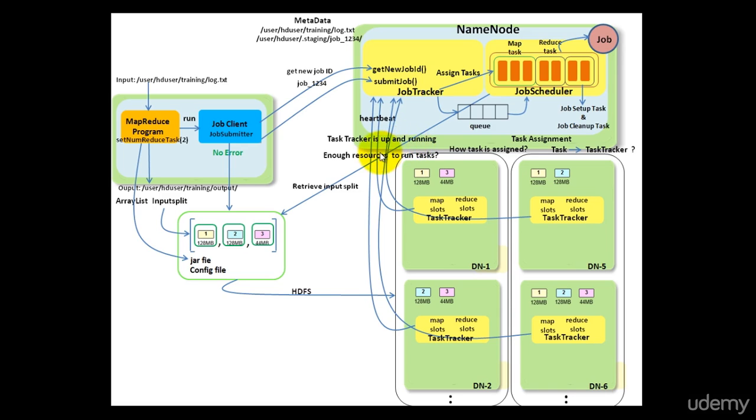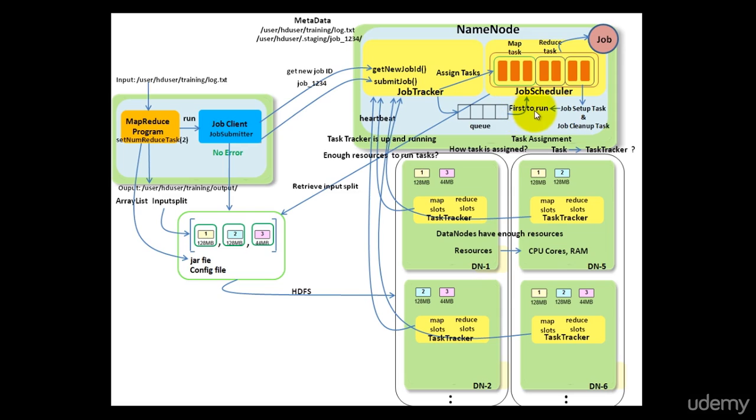Heartbeats also say whether a task tracker has enough resources to execute a task or not. If enough resources are available, then the tasks are assigned to those task trackers. Here resources are nothing but CPU cores, RAM, etc. Let us assume that all the data nodes in the cluster have enough resources to execute a task.